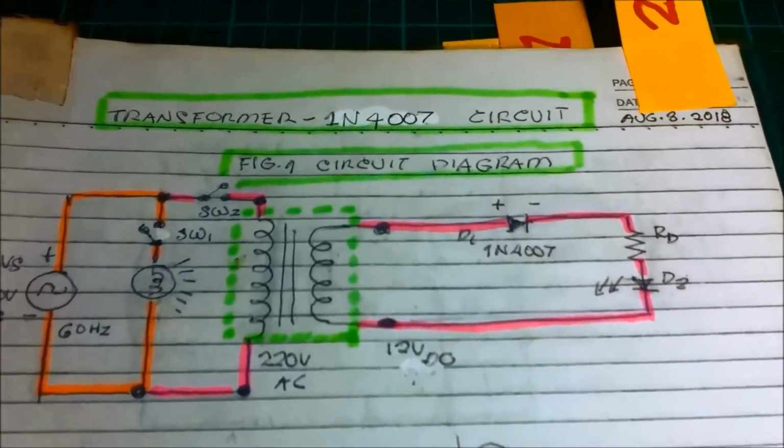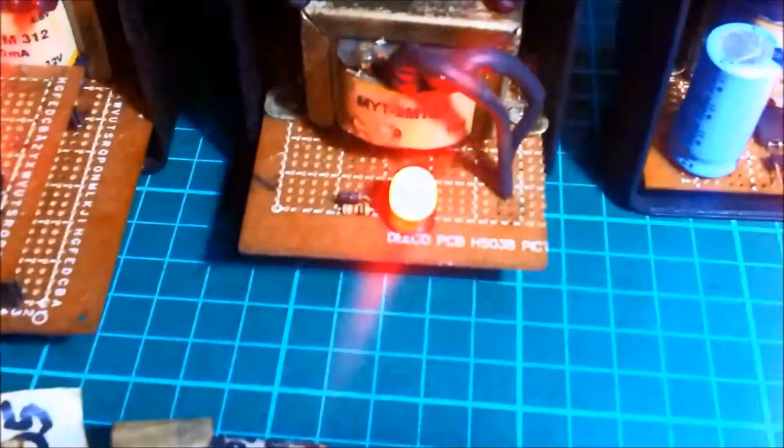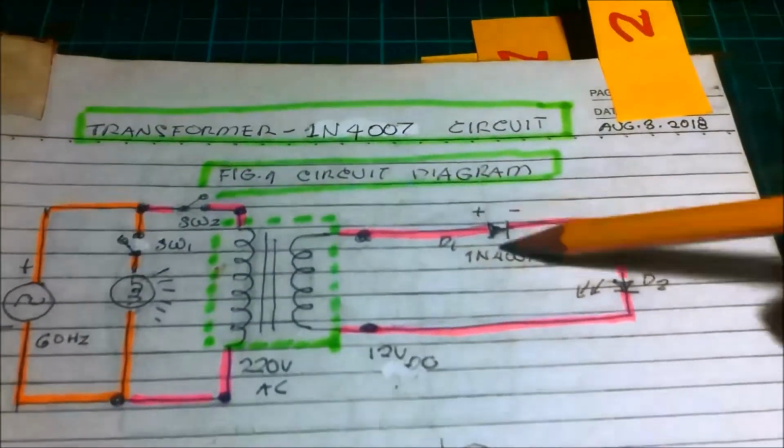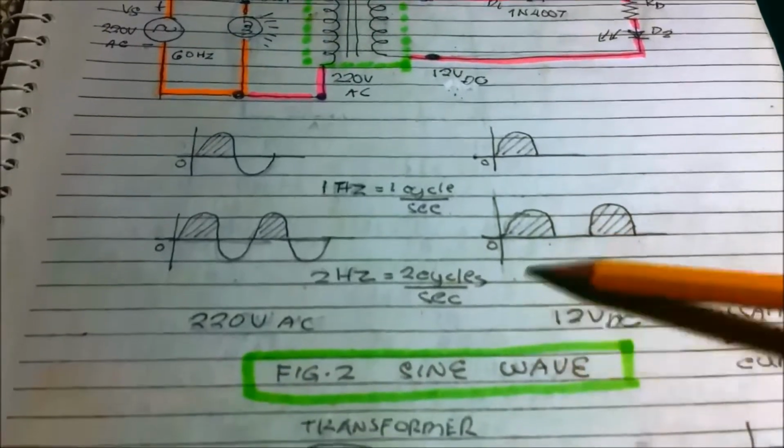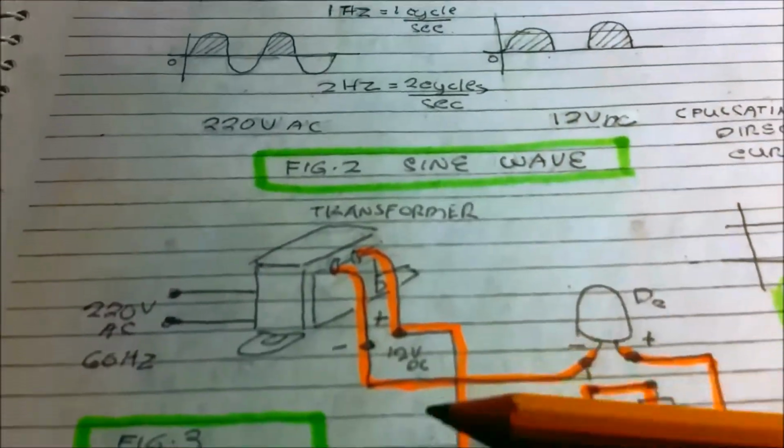And that makes the LED blink. Still a blinking LED. And I explained the waveform of the circuit.